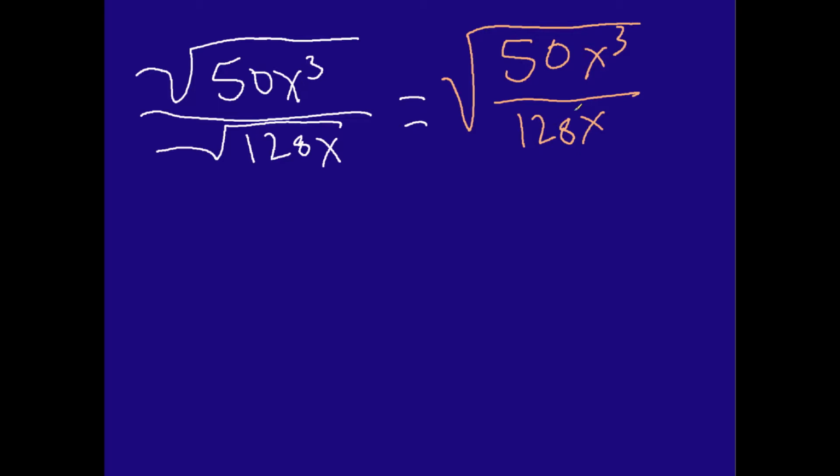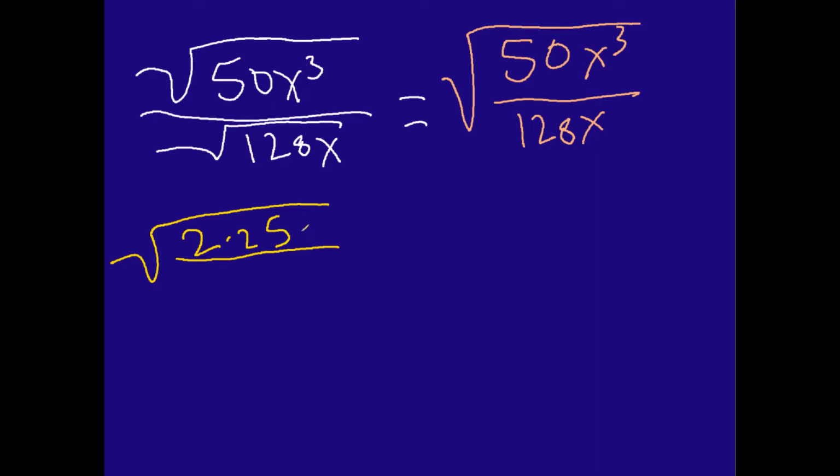To have success doing this, you have to split things apart and find common factors, and then you can eliminate those. Let's show it. I have my giant radical again, and my division sign, my fraction, if you will. I'm going to deal with the 50x cubed first. In my mind, I'm seeing 2 times 25, because that'll give me 50.